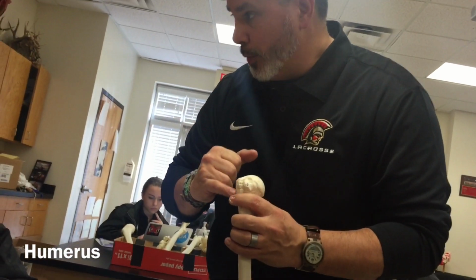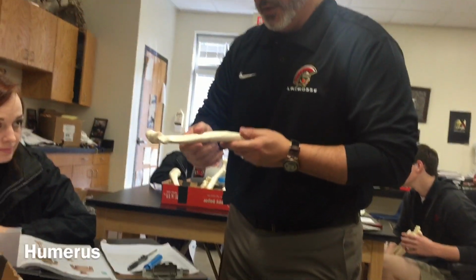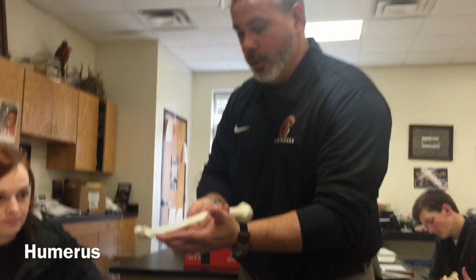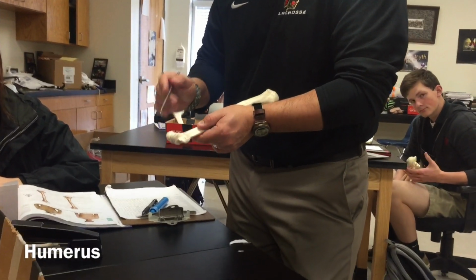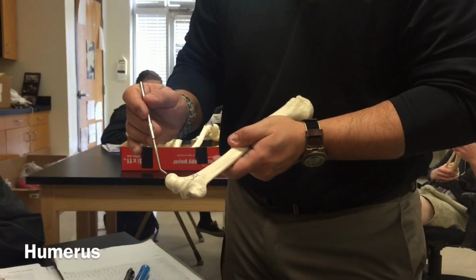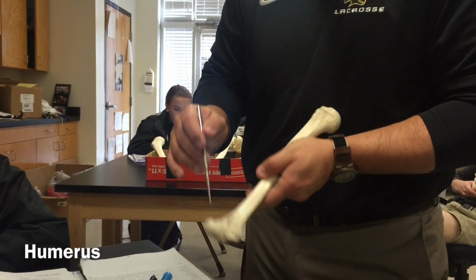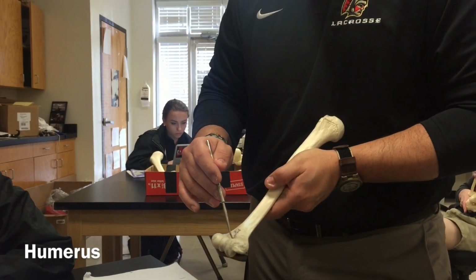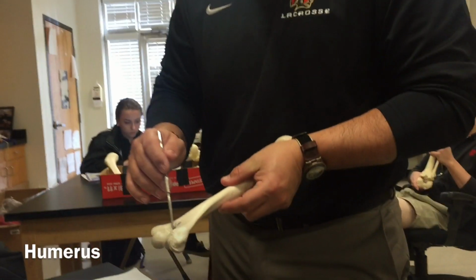This is the greater tubercle, lesser tubercle. On the distal end, you have the medial epicondyle and lateral epicondyle. You have the capitulum, which is on the lateral side, and the trochlea, which is on the medial side. These 2 indentions are the coronoid fossa and the olecranon fossa.